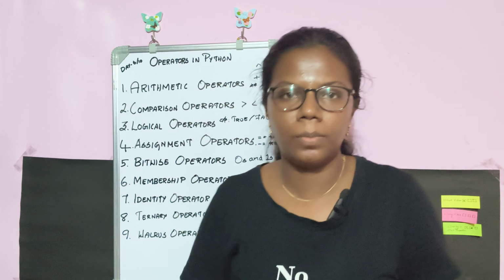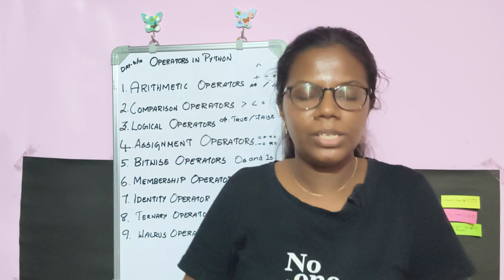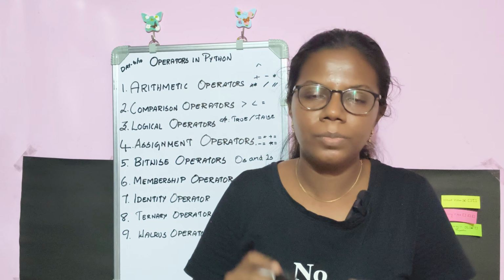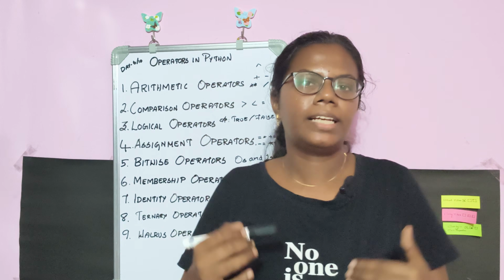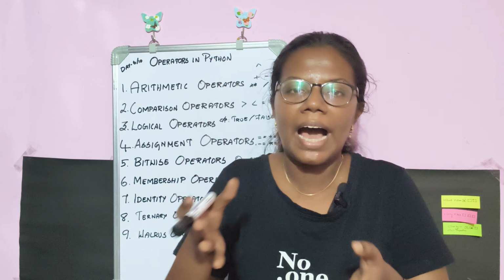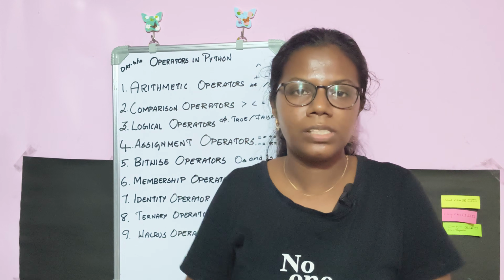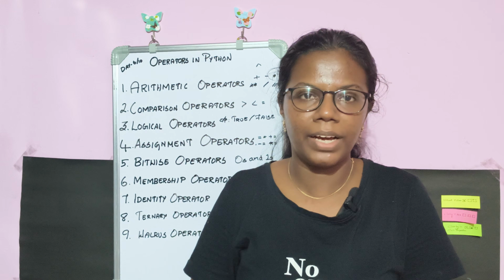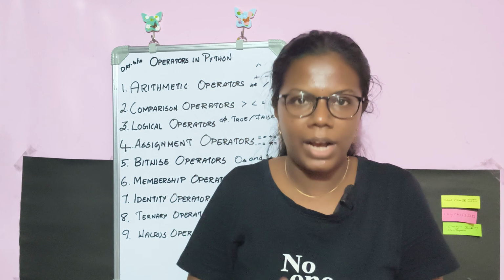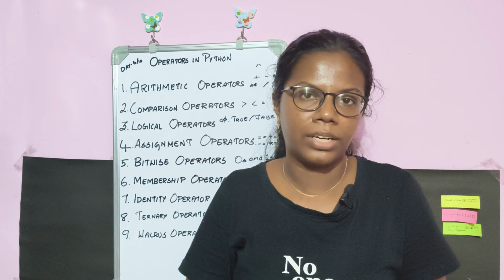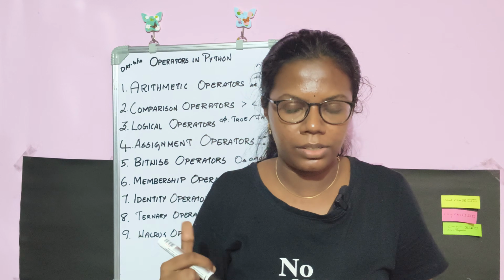First, arithmetic operators. These are the basic operators in Python which will be used for arithmetical calculations. If I am trying to add any two values, it might be an integer, it might be a float value, or something else. If I want to add, multiply, divide, or subtract two values, in those scenarios I'll be using these arithmetic operators.